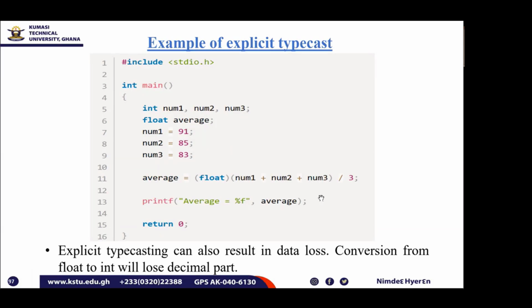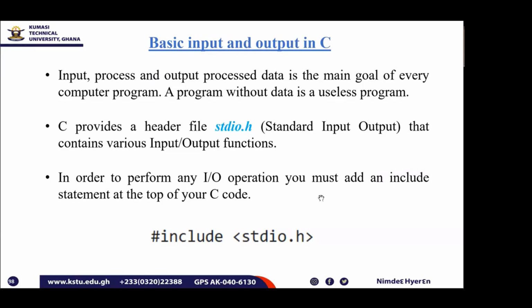We have used these input and output functions in C throughout the beginning of chapter 3. But let's look at what these input and output functions in C are. The input and processing of data is the main goal of every computer program, and a program without data is as useless as anything.